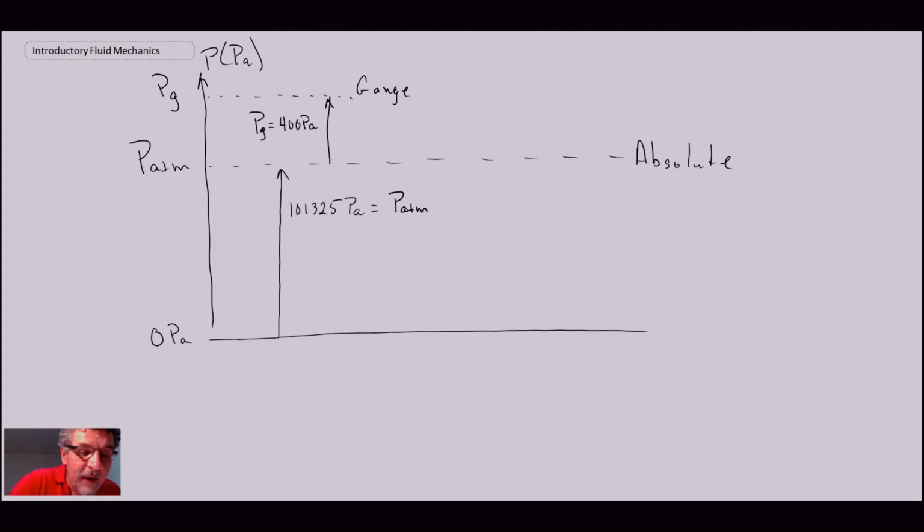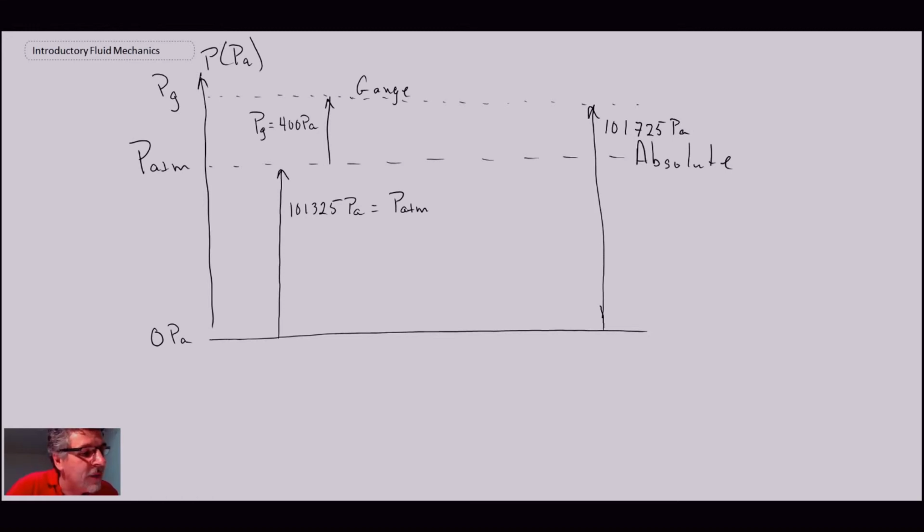So that would be a pressure then in terms of absolute pressures. We'll continue this line over. If we were to draw an absolute pressure for that, we would have 101,325 plus 400, which is 101,725 pascals. So that would be what that gauge pressure would be in absolute.